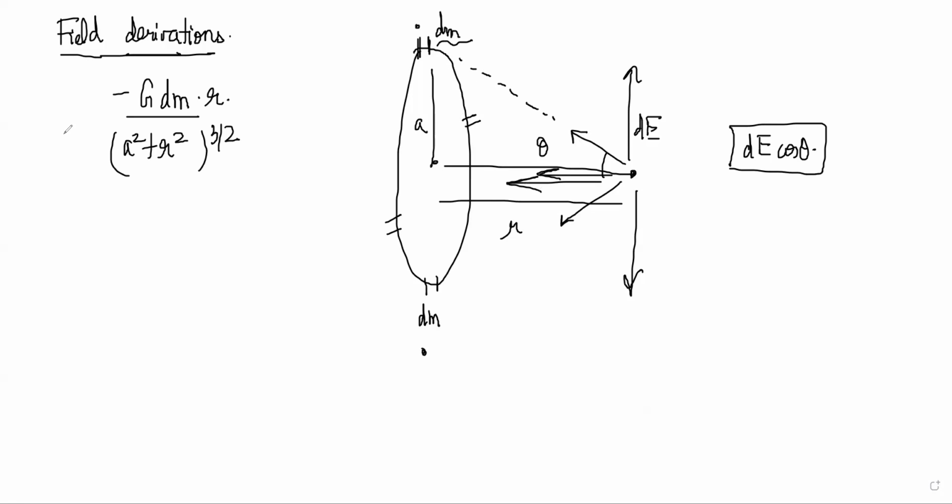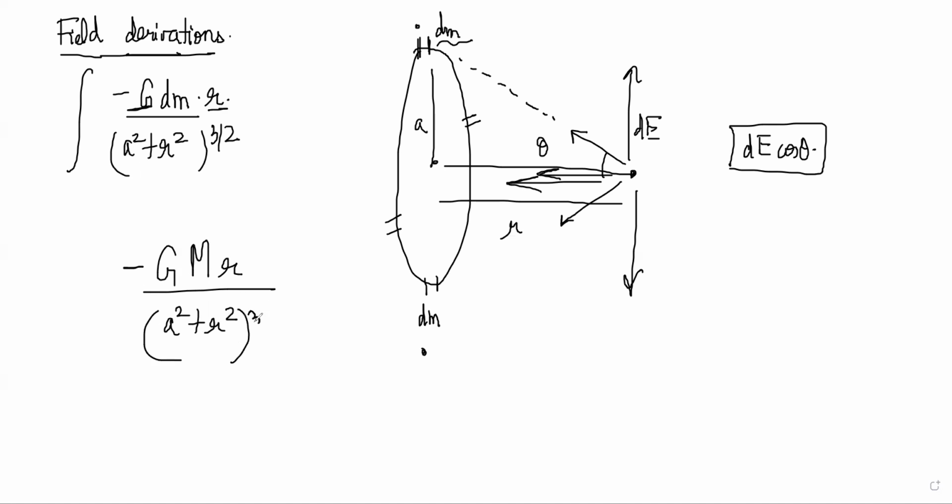And finally, since the point and all is fixed, when you integrate it, nothing has to be integrated. G, r and all are fixed. So it simply becomes G capital M r by (a square plus r square) to the power 3 by 2. This is the field that is acting, which is towards the ring like this. This is the net field because we have added up all the dE cos thetas and integrated that. You get an M instead of dm. Everything else is anyway constant.